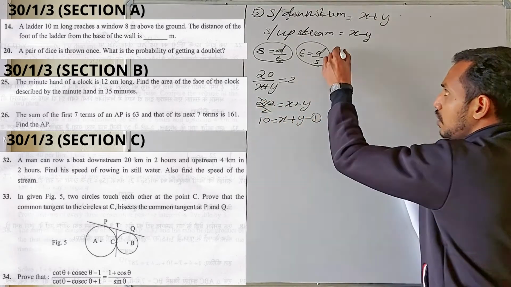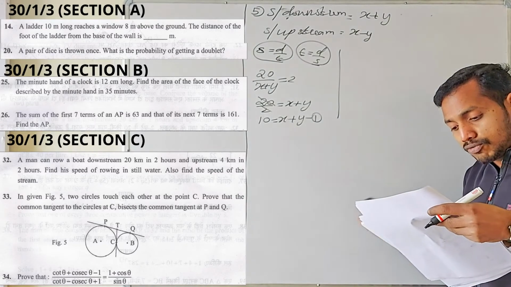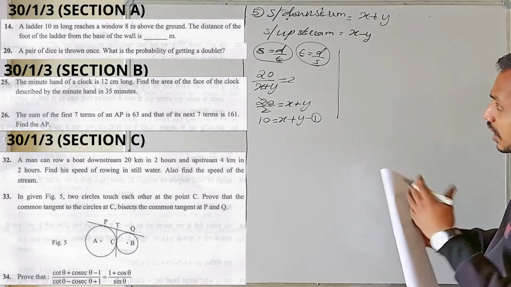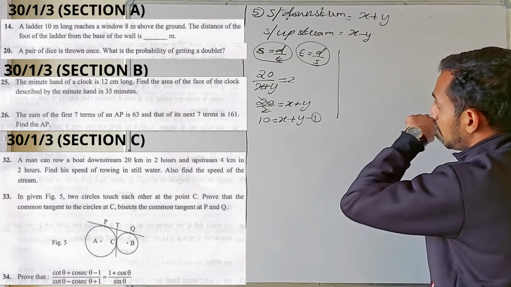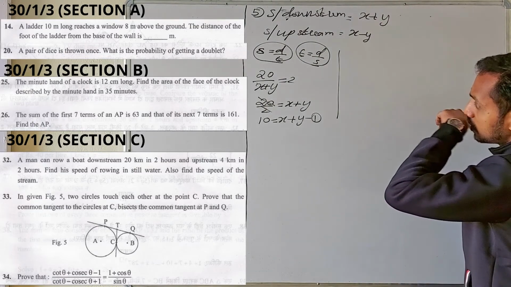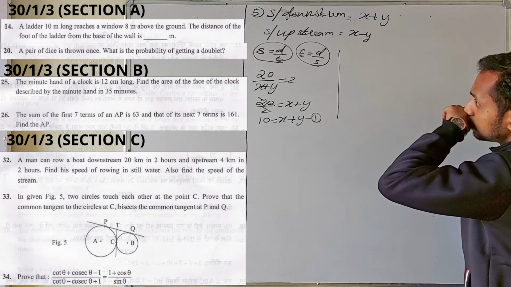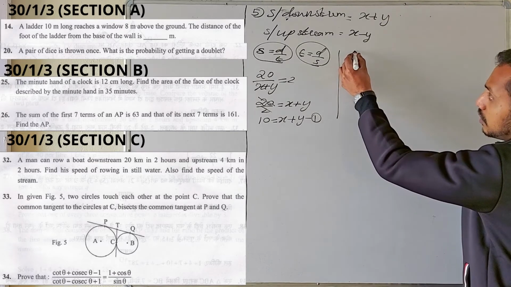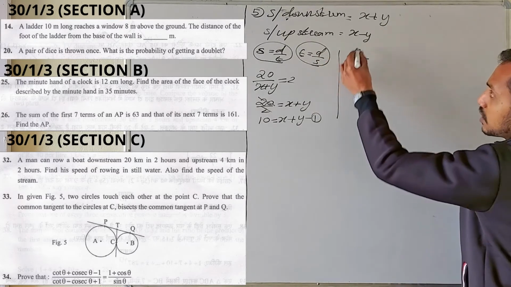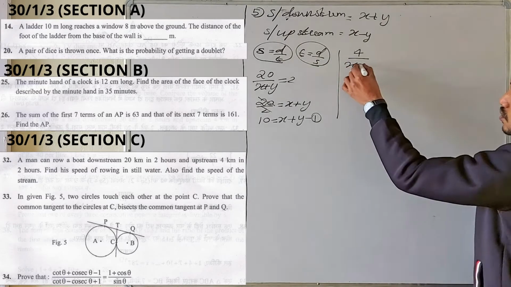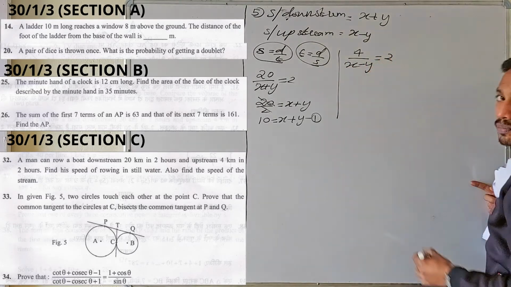Equation number 1. Now the second situation, upstream 4 km in 2 hours, same time. So what we will get? Distance is 4 by speed at upstream is x minus y is equal to time is 2.